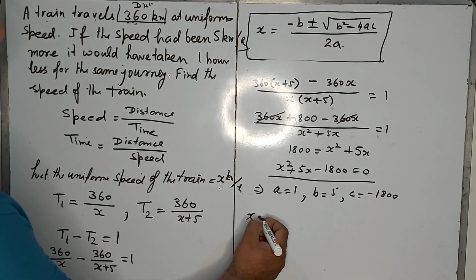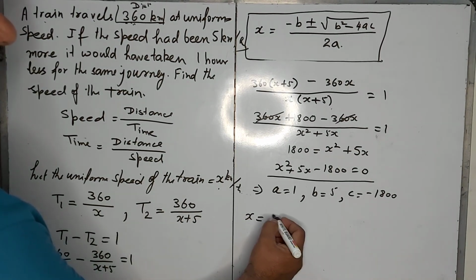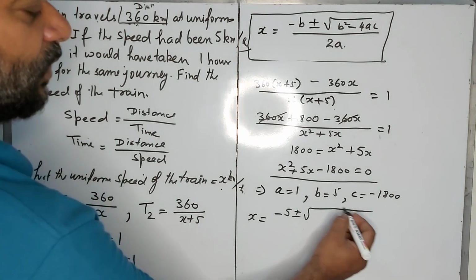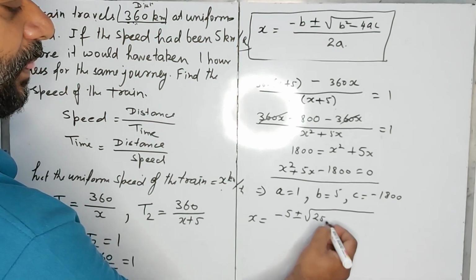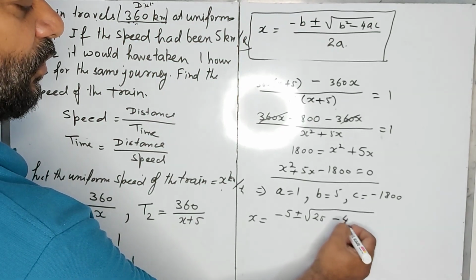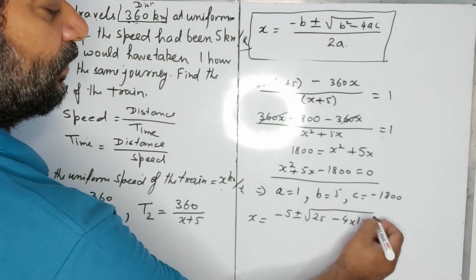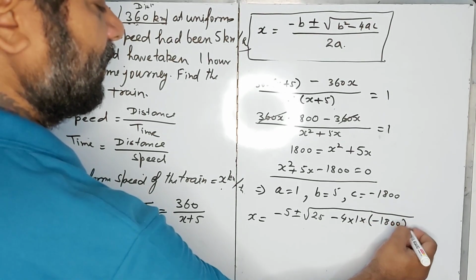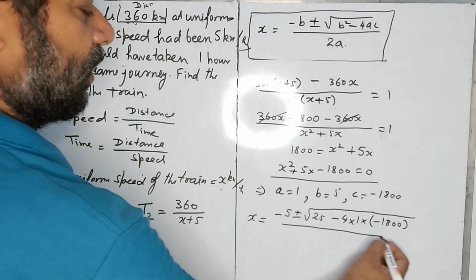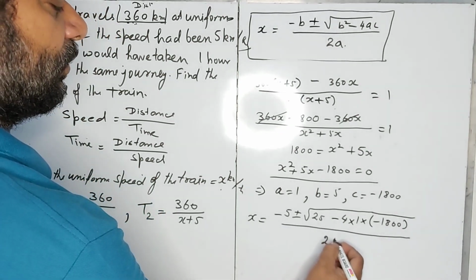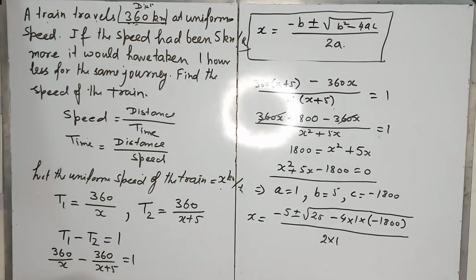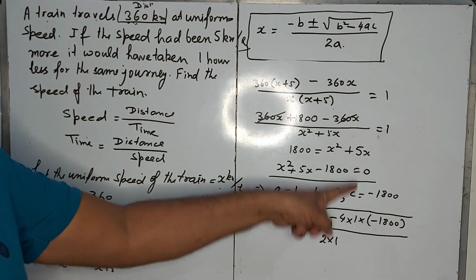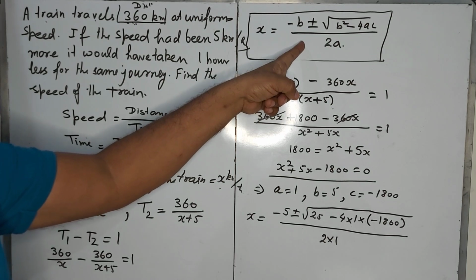Therefore, the root of the equation is minus b, that means minus 5, plus minus square root of b square, 25, minus 4 into 1 into minus 1800, upon 2a, 2 into 1. We substitute the values of a, b and c in this quadratic formula.